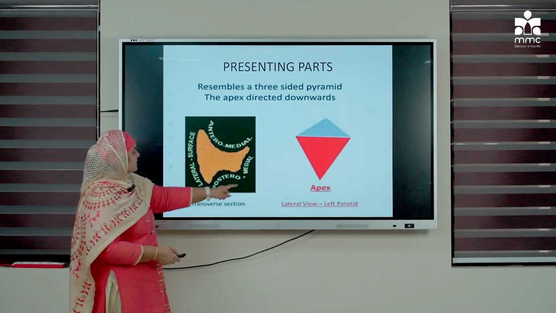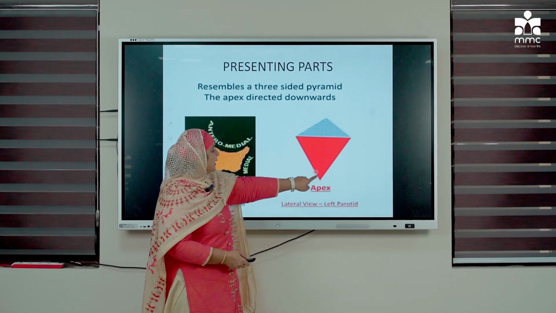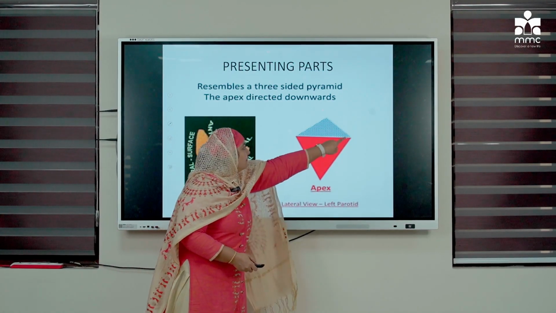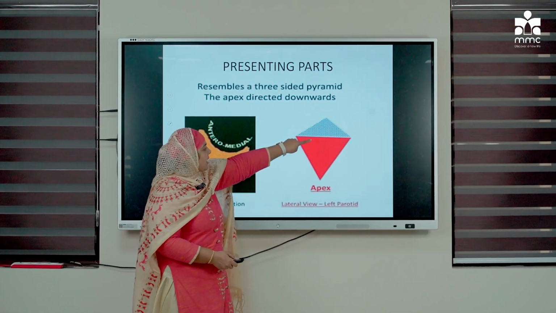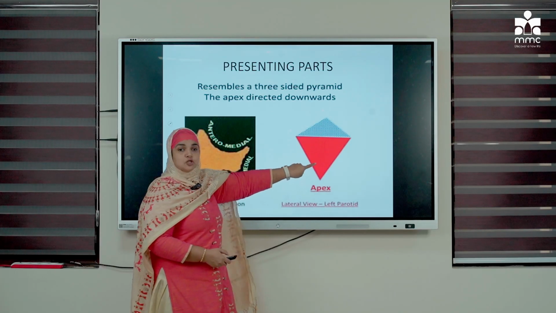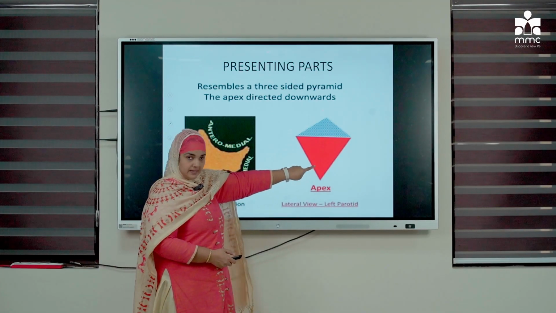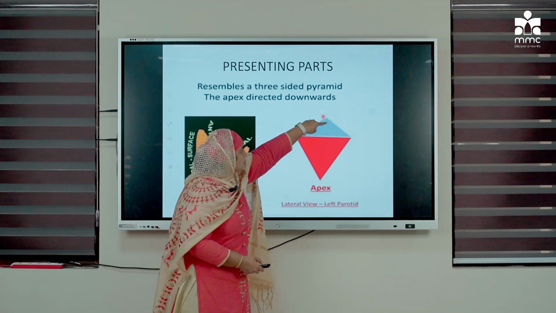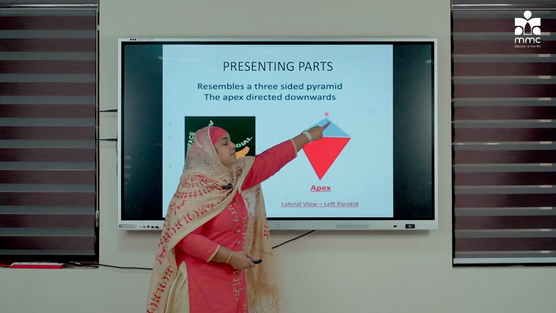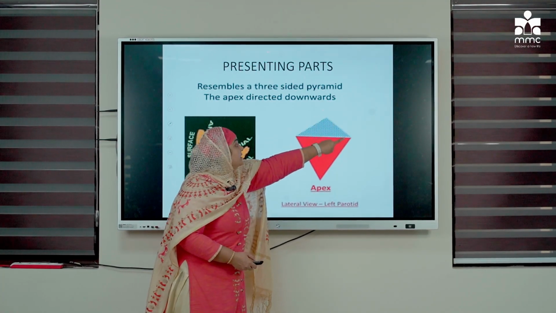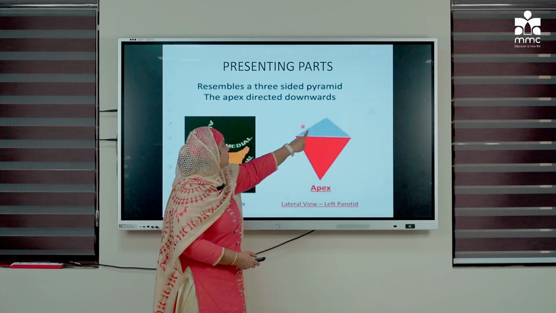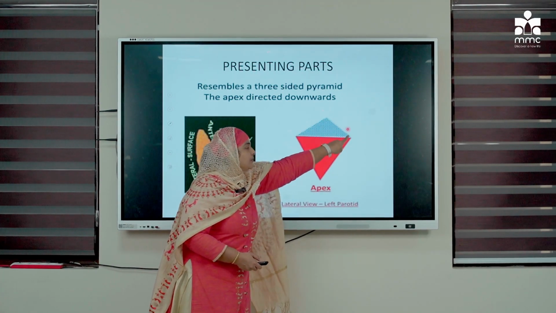Here we can see that this is the apex. Here above we have the base, and what you are seeing in red is the superficial surface or the lateral surface. This part that you are seeing here is the medial surface, which is divided into an anterior medial surface and a posterior medial surface.